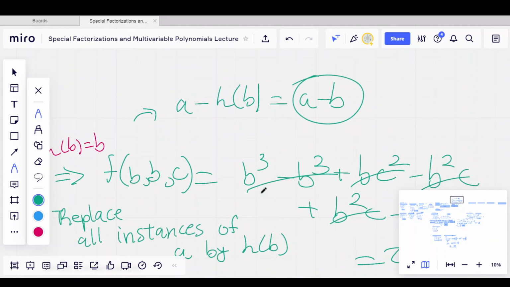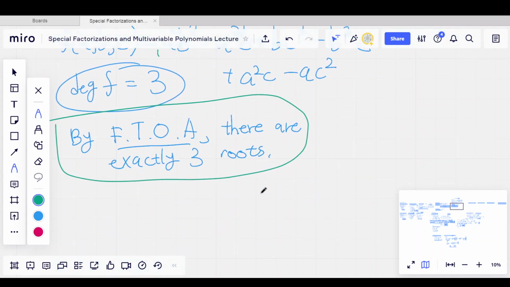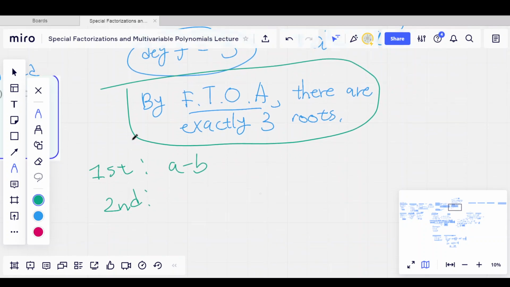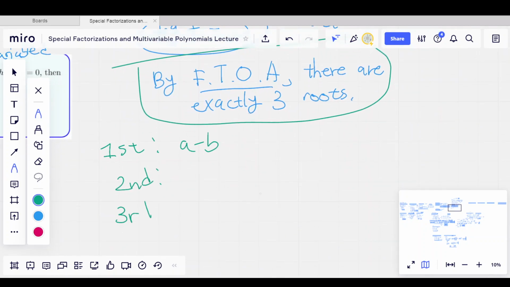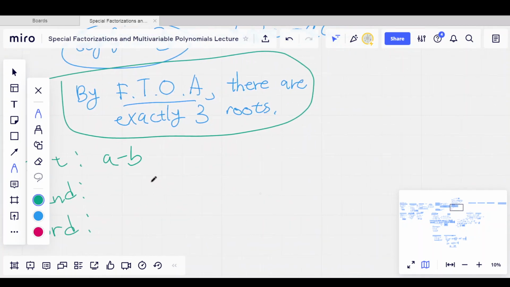So thus a minus b is a factor of this. So we have found one root. The first root is a minus b. So we need to find the second and third. You can try to find this on your own, but I'll just find it for you here.